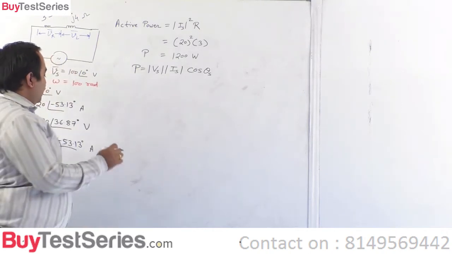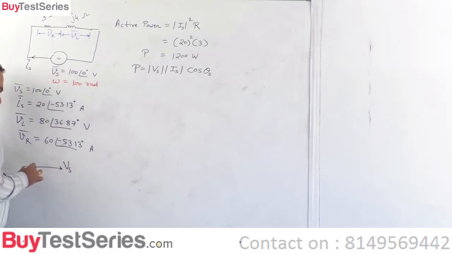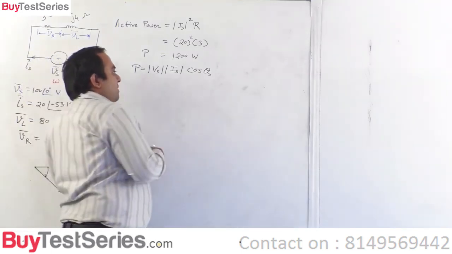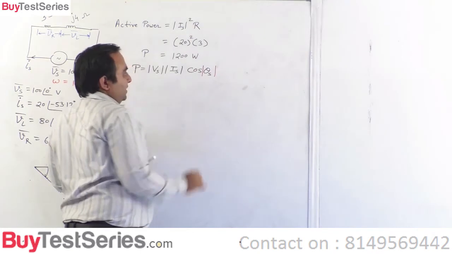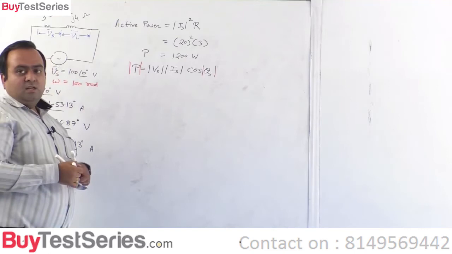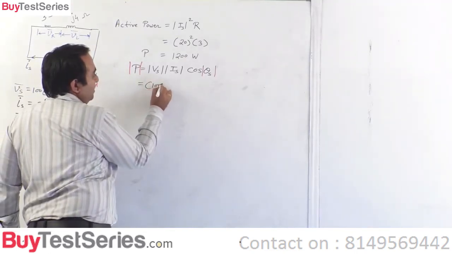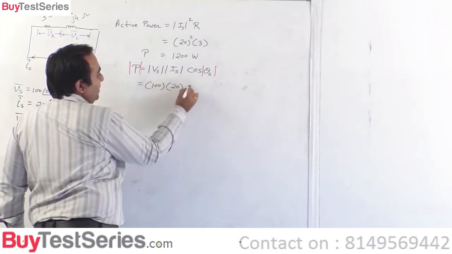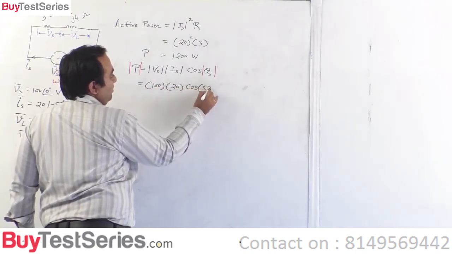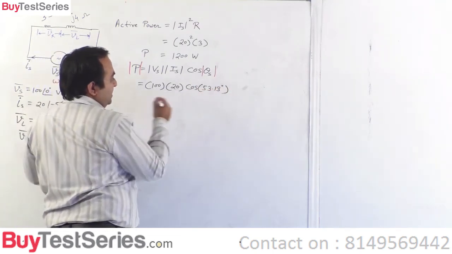This theta s is the angle of the current that it makes with the voltage, although we have to take only the magnitude of this theta s here, because we are calculating the magnitude of P. So this is 100, this is 20 cos of 53.13, and cos of 53.13 is again 0.6.